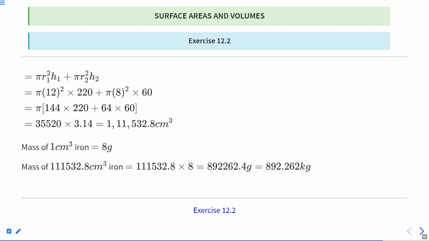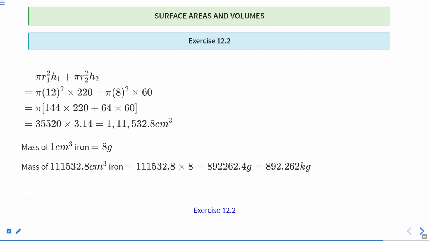Here r1 is the radius of the larger cylinder, h1 is the height of the larger cylinder, r2 is the radius of the smaller cylinder, and h2 is the height of the smaller cylinder.